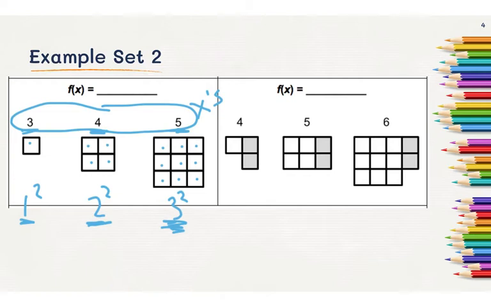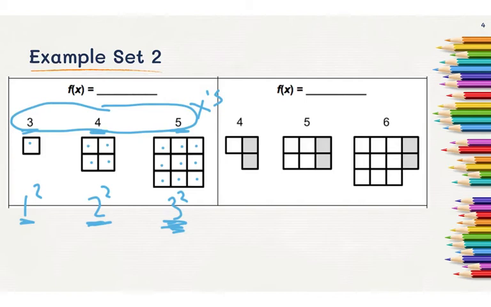So whenever you have squares, but it's not matching with your x's, that is when you've got to put it inside of the parentheses with the x, because we're actually changing the x value before we square it. Think of your order of operations. You do what's inside the parentheses before you square it.